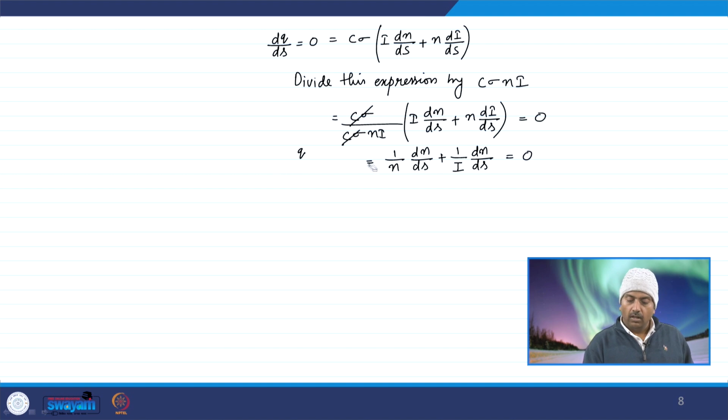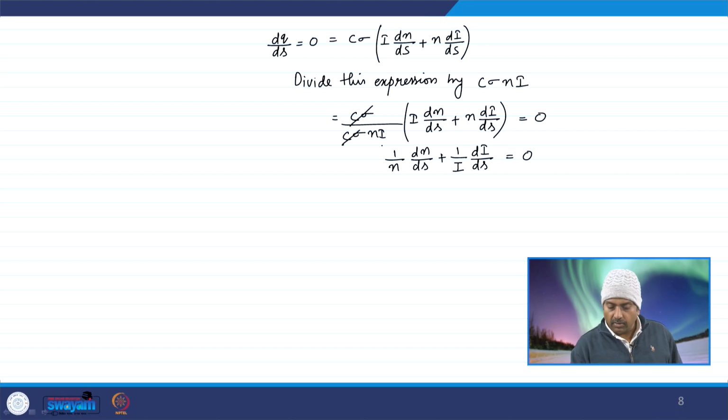Okay, fine, right. So now we have a relative derivative, right? We have change in n with respect to s normalized with respect to n itself. I should have written I here, dI by ds. Change in intensity with respect to distance normalized with the intensity itself, right?